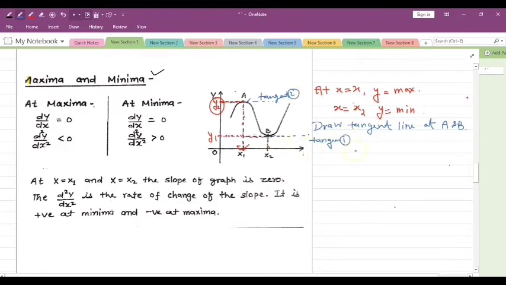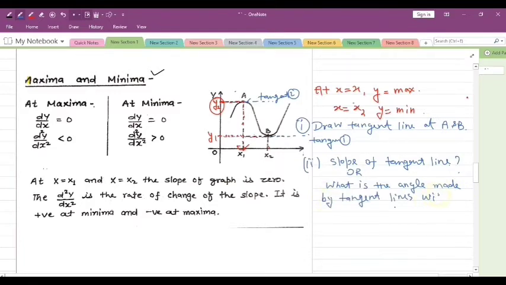Okay, this is my question number 1. If I ask you what is the slope of the tangent line, or what is the angle made by the tangent lines with the horizontal, your answer will be that it is 0 degree, because this tangent line is parallel to the x-axis, as well as tangent 2 is also parallel to the x-axis.